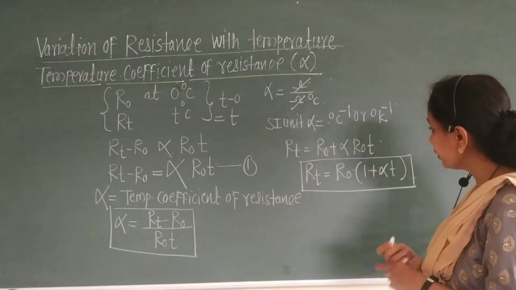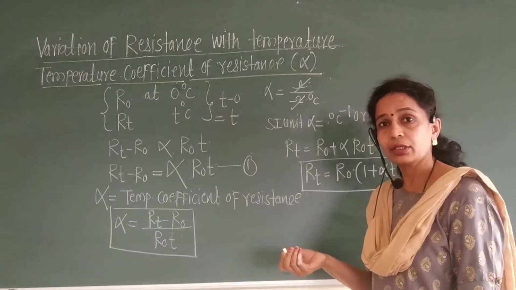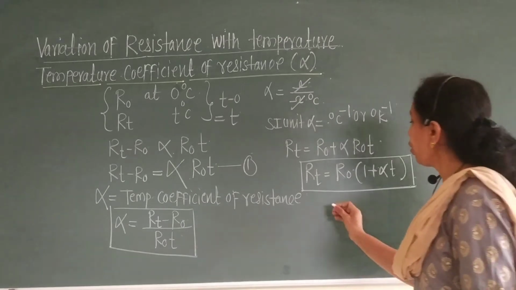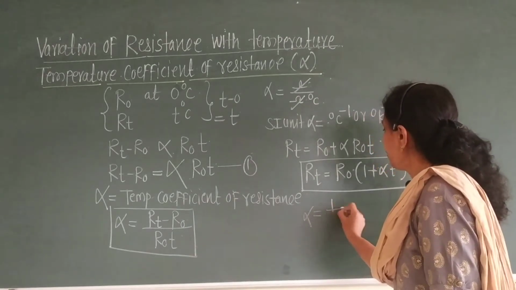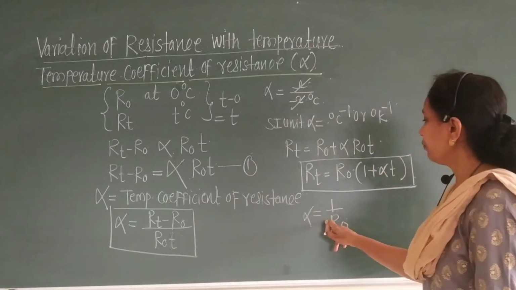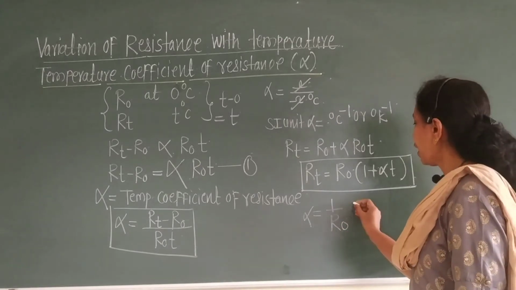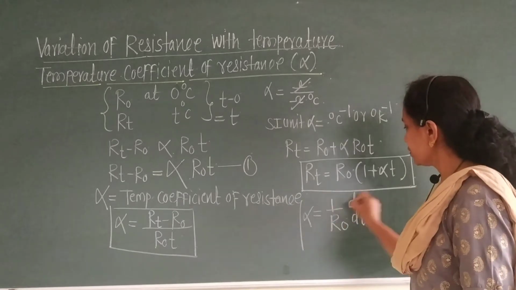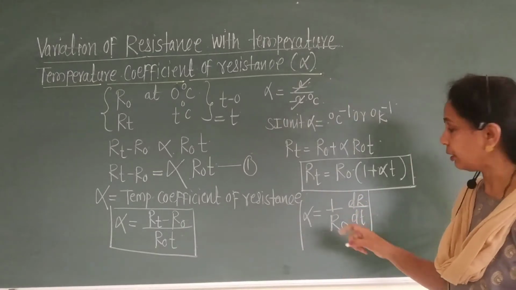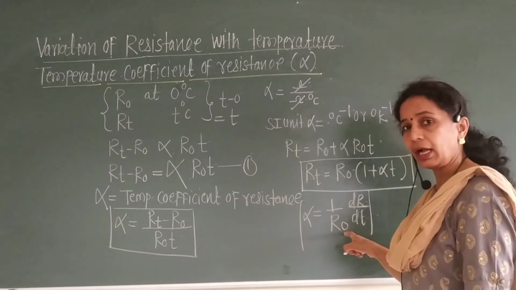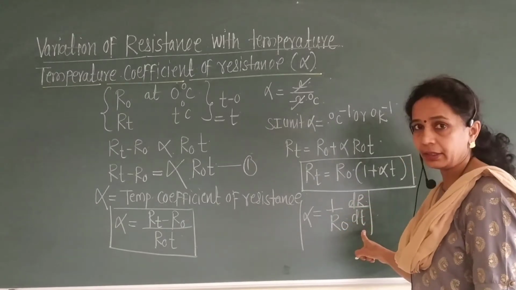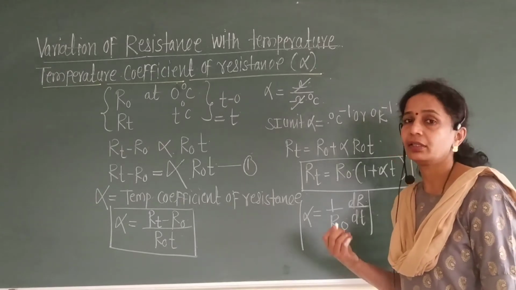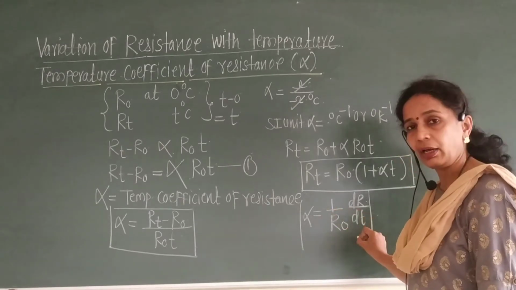Then for small change in temperature, the value of alpha is given by this equation. Alpha is equal to 1 upon R naught dR by dT. This is the value of alpha. For small difference in temperature, the value of alpha is this.